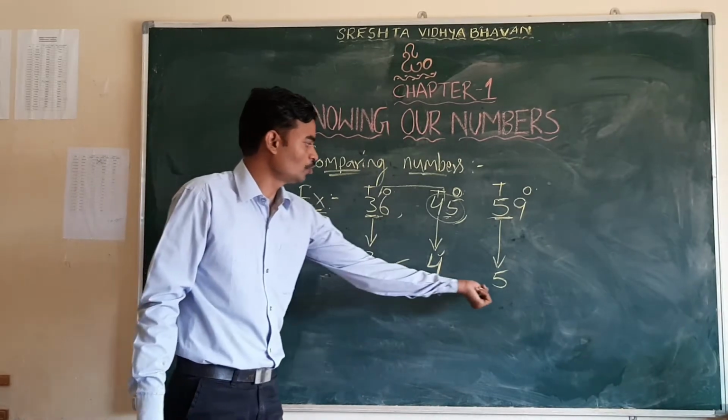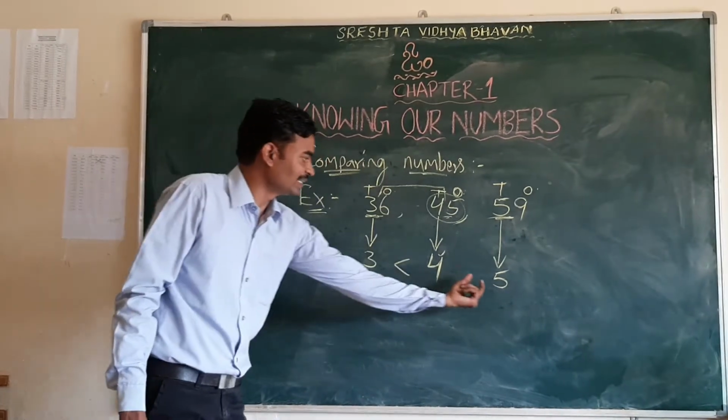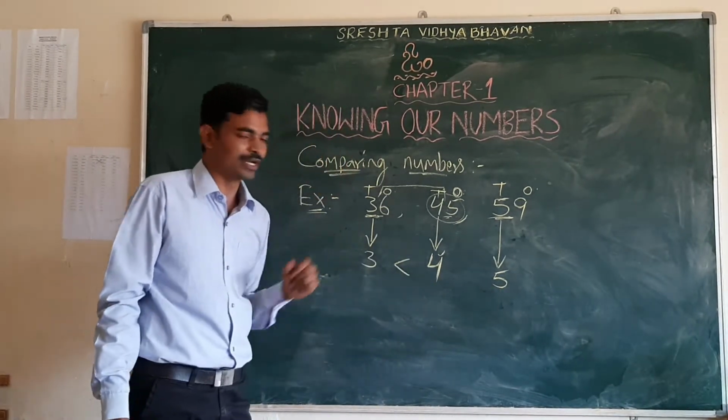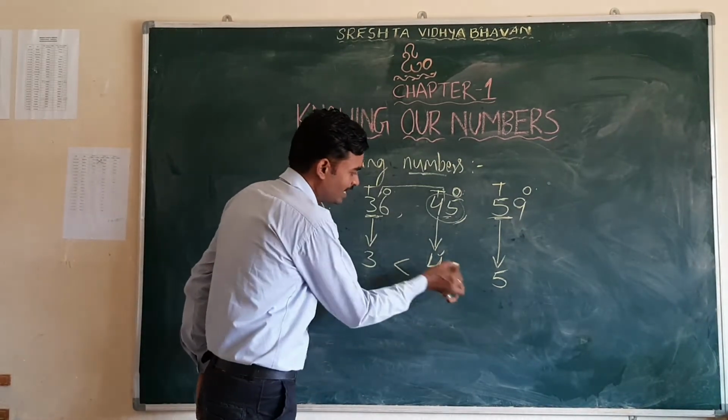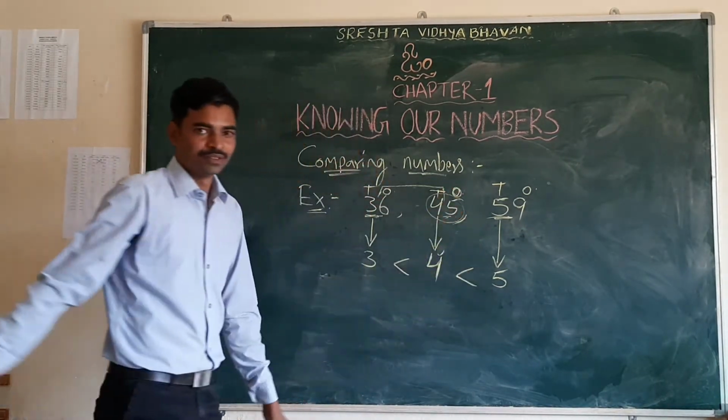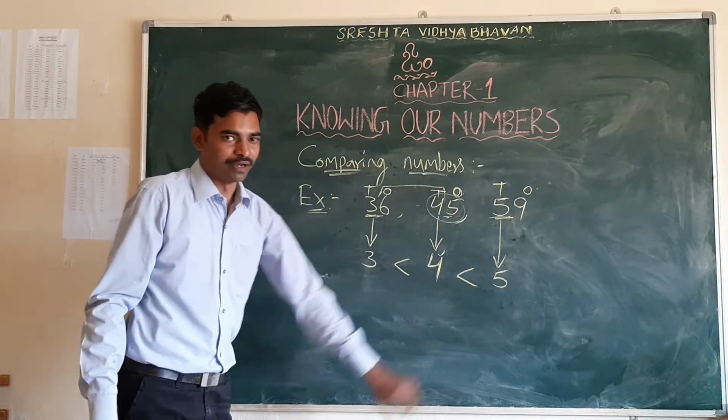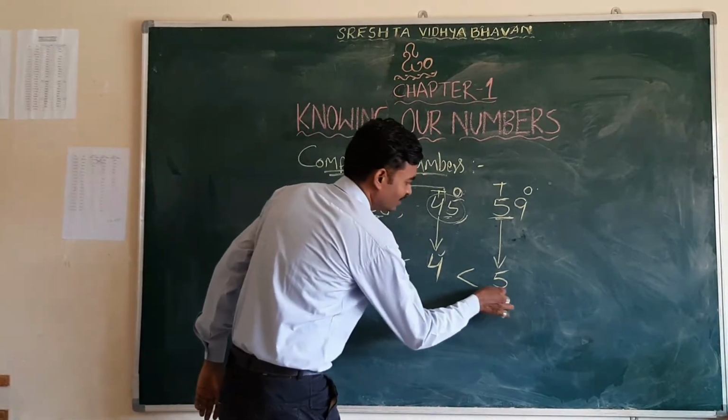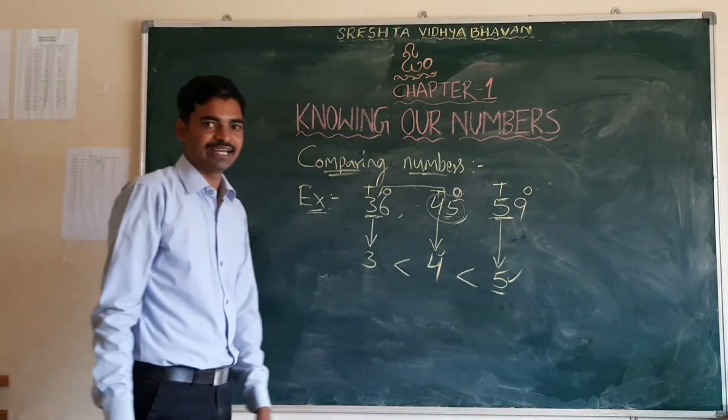Which one is the greatest number and which one is the smallest? 4 is less than 5, which means 5 is the greatest here, so 59 is the greatest number.